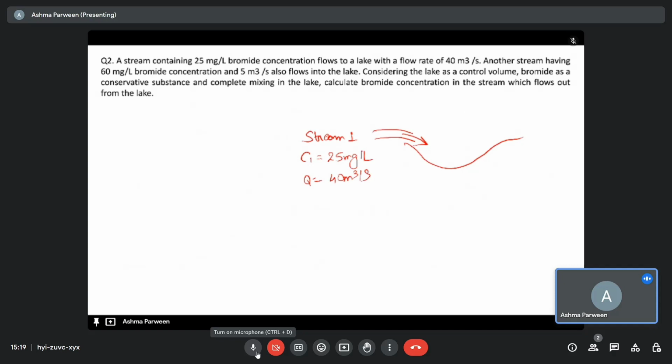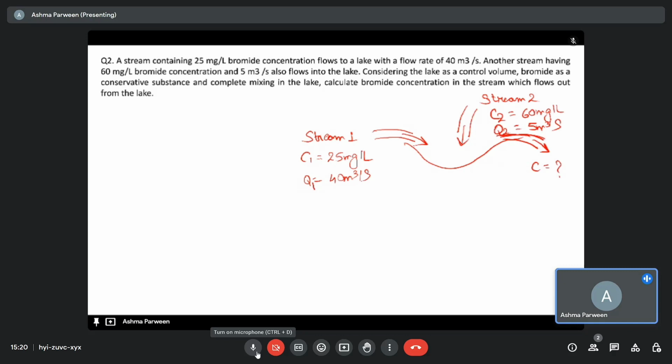And there is one more stream, let it be stream 2. The concentration of bromide here is 60 milligrams per liter and the flow is 5 meter cube per second. Now suppose this stream is coming out and we have to find the concentration of bromide in the water coming out of this lake.